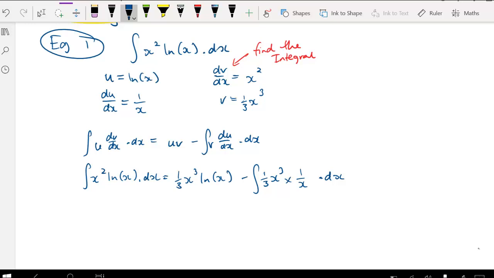Now this integral, hopefully, is something we can do. In this case it is, not in every case. So there'll be other approaches where you'll have to go through an iteration process, or you'll have to manipulate to be able to find the integral. But in this case, we can do it straight away. We'll simplify first. So this is 1/3 x cubed ln x, and we've got the integral of 1/3 x and x cancel to give us just x squared.